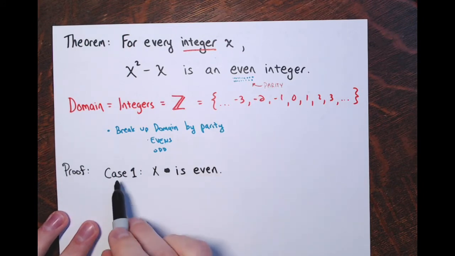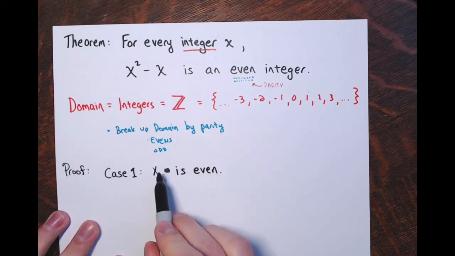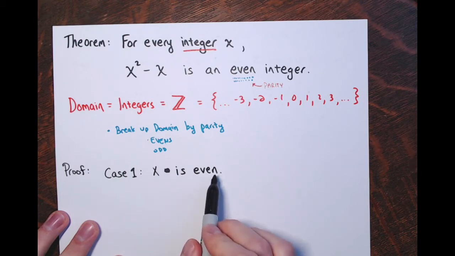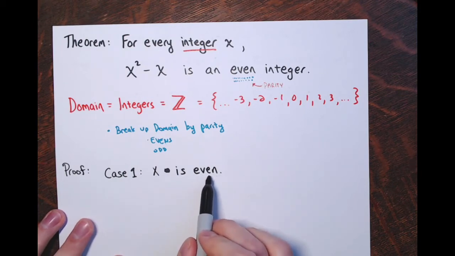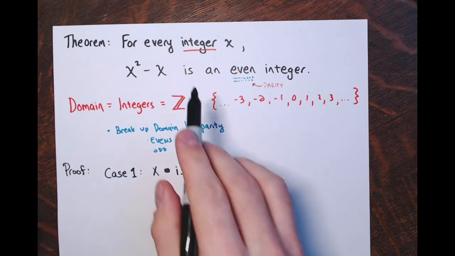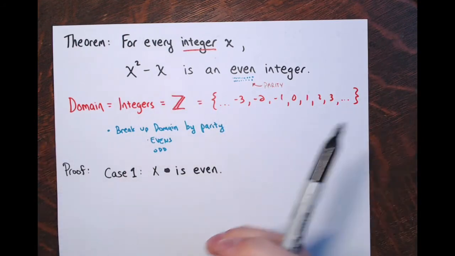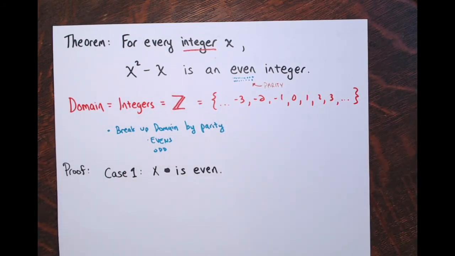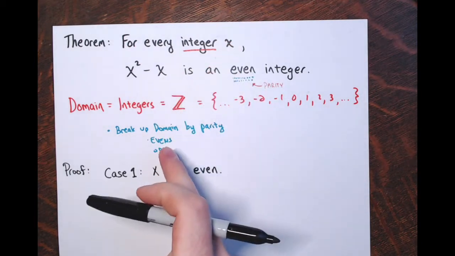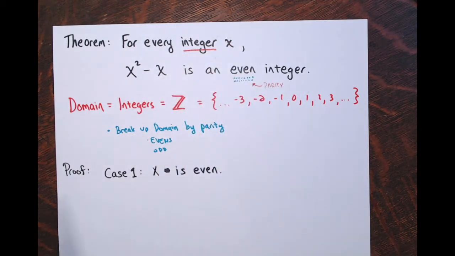I write case 1, and then I tell the reader what I'm going to be assuming here. This case will take care of half the integers. And then I'll do a second case where x represents an odd integer, and that'll take care of all the rest. And then putting the 2 together, that'll be a proof for every integer.